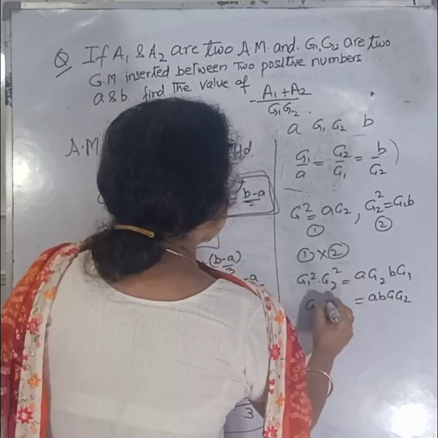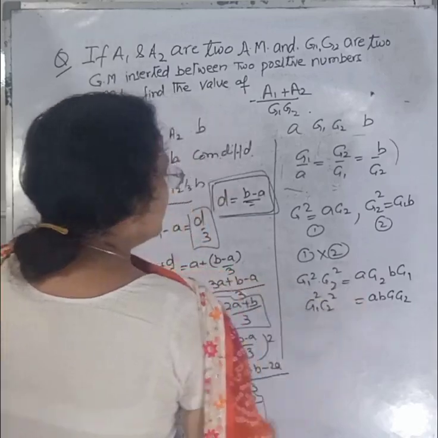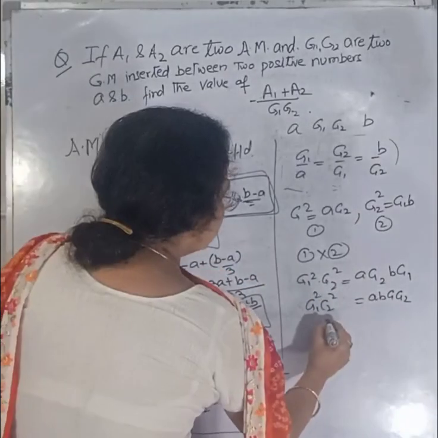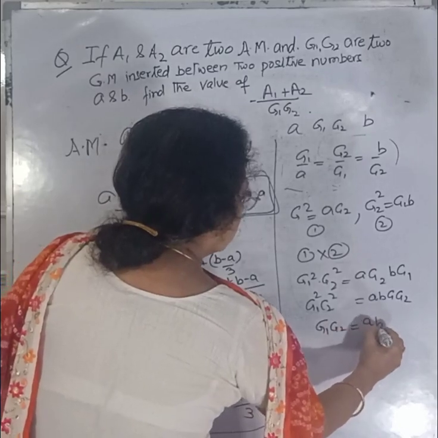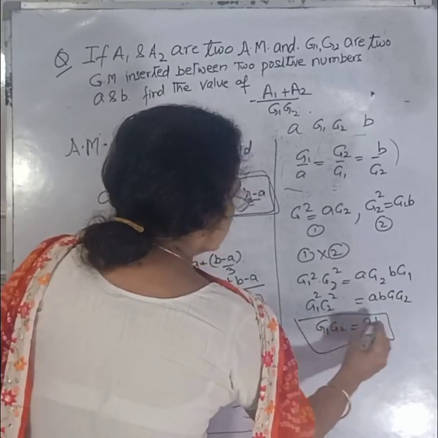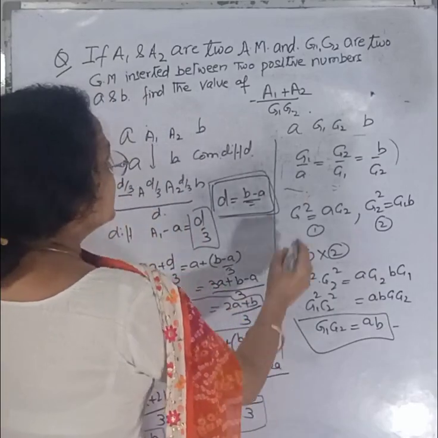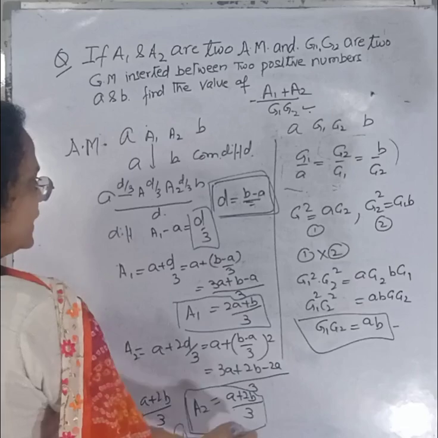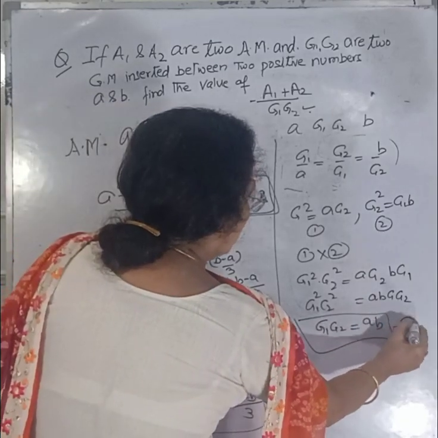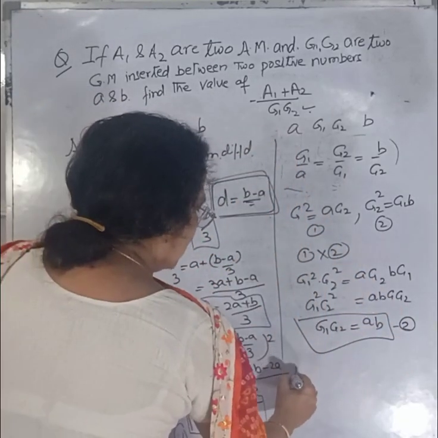Now G1 G2 gets cancelled, so simply G1 G2 will be equal to A into B. This is the last and final. This was the important one, and this is the important 2.